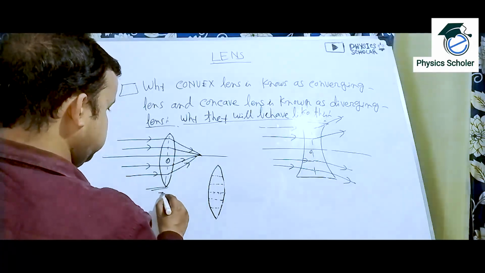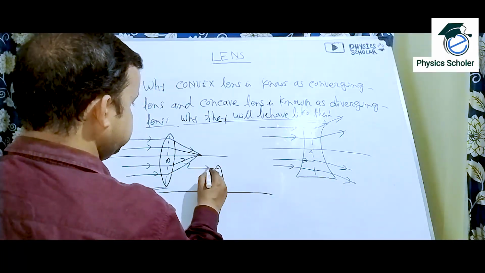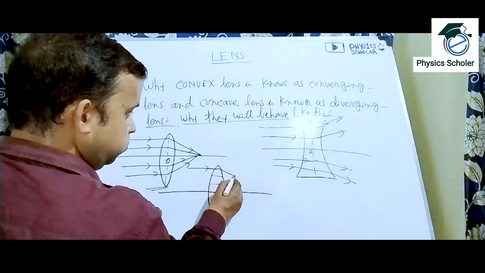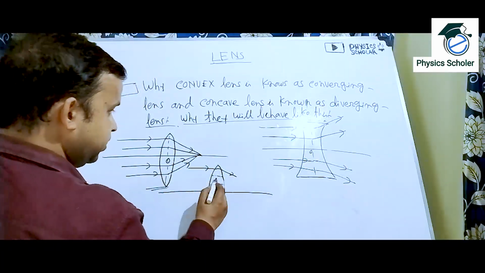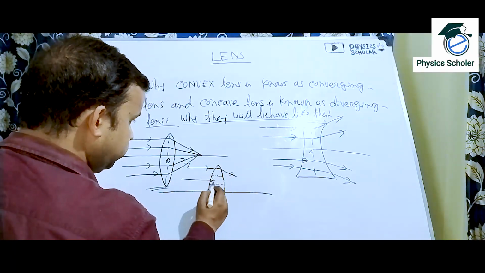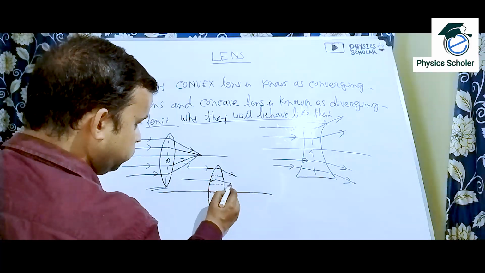So this is the principal axis. If a ray of light is incident on this, this is a prism, so this is the base of the prism. So the refracted ray will move towards the base. This part is also a prism. So a ray of light is incident on this. This is the base of the prism. So the refracted ray will move towards the base.